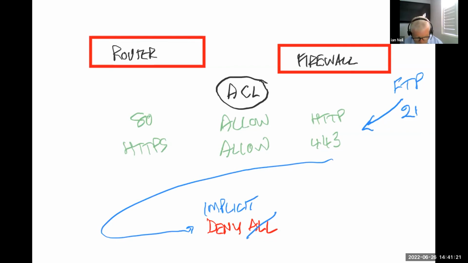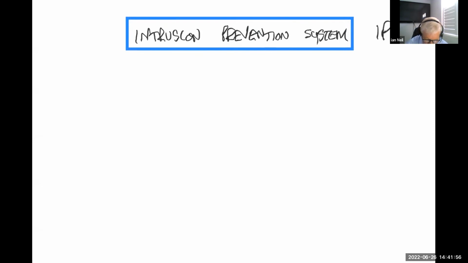Now we're going to look at a couple of devices that are on your network. The first thing we're going to look at is an intrusion prevention system, known as an IPS, and it protects your network.